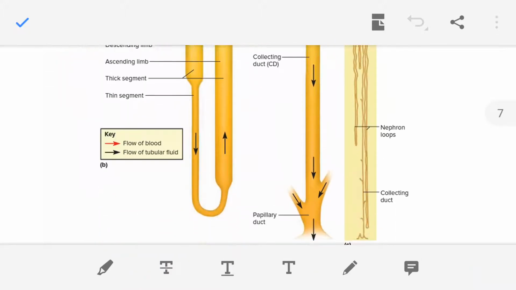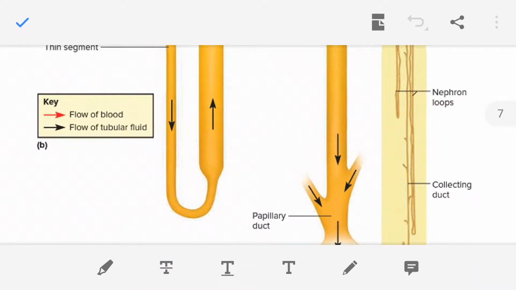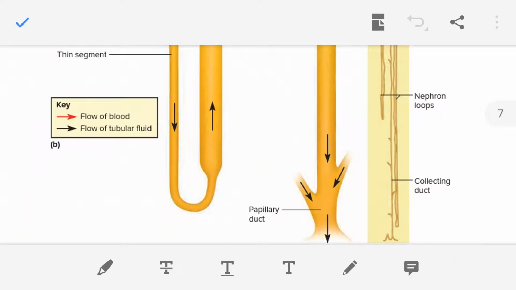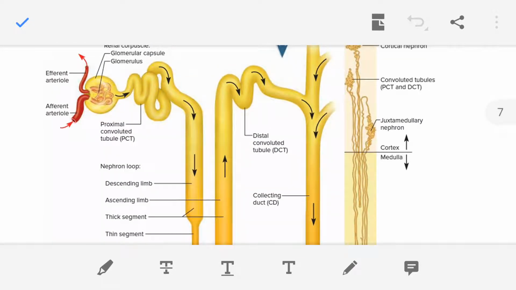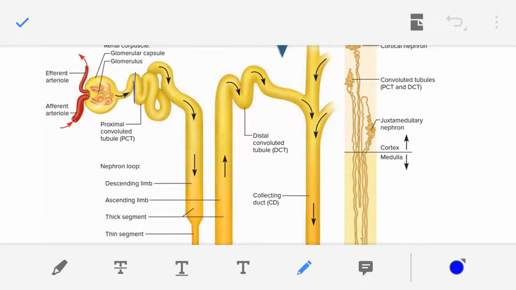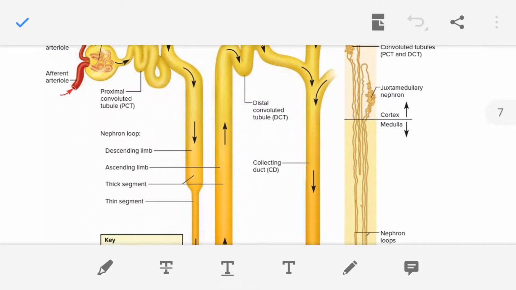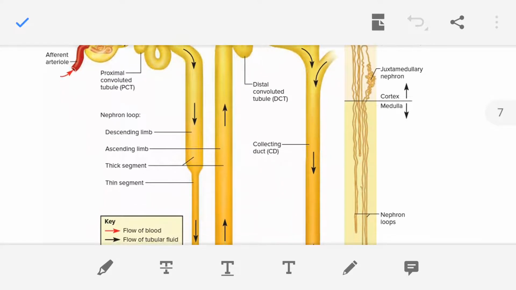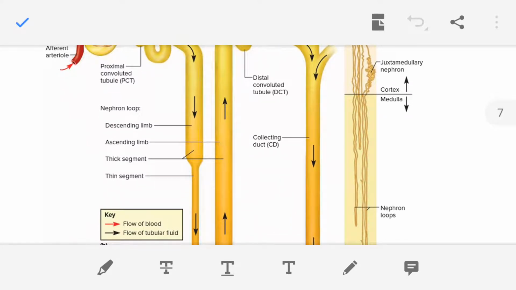Okay, this much we know, but here this portion, for example this portion, okay, the diameter of this portion is somewhat similar to the diameter of PCT and the diameter of DCT, okay, but in between in some regions, as you can see, there are differences in the diameter of the ascending limb, descending limb, thick segment, thin segment, okay.